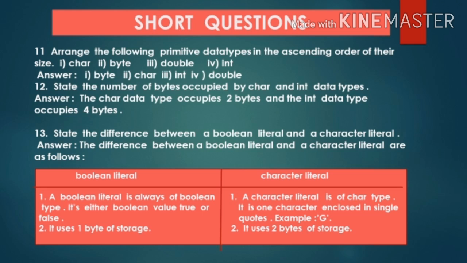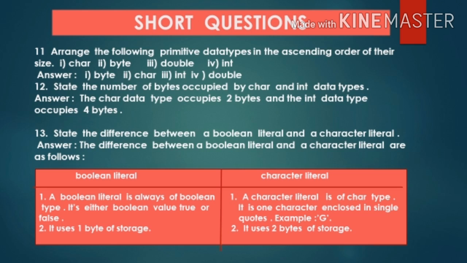It is either Boolean value true or false. Character literal. Number 1 point. A character literal is of char type. It is one character enclosed in single quotes. Example, Z.